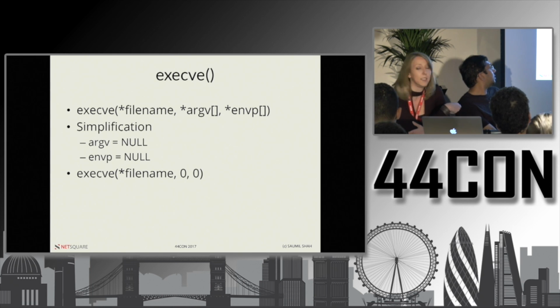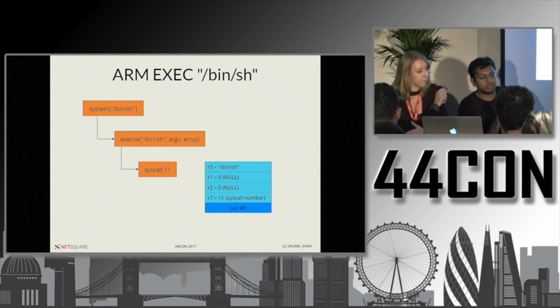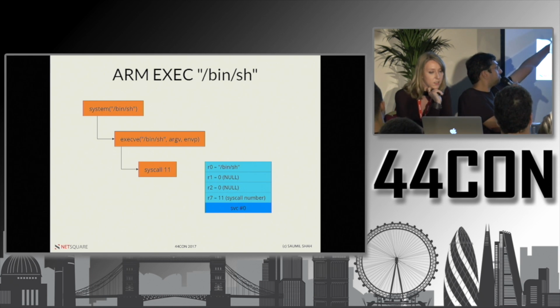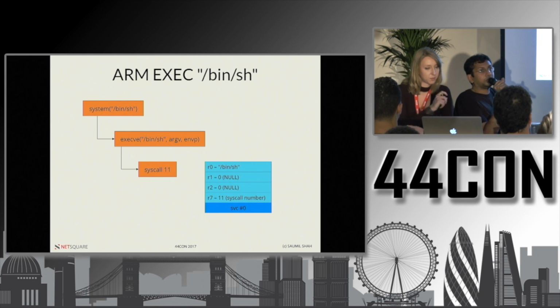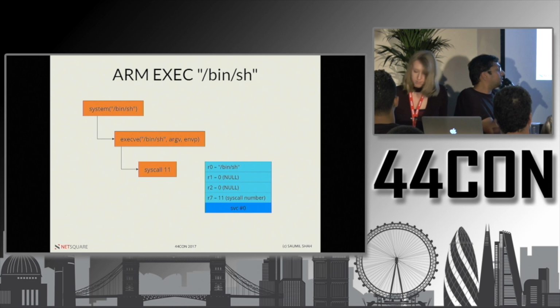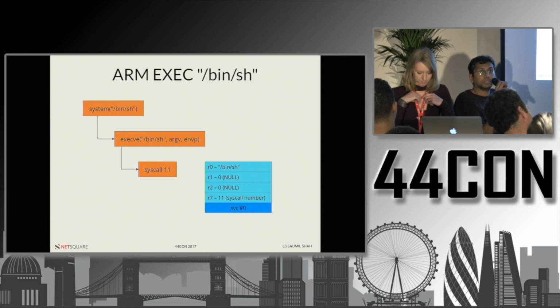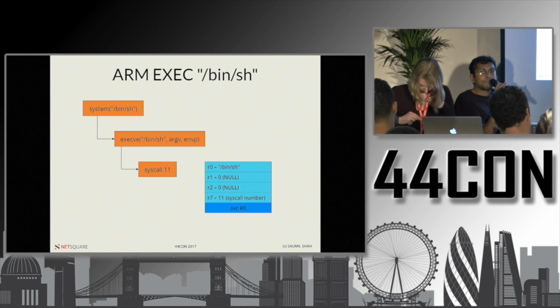And we will translate this into ARM assembly. All we have to do is these 5 operations, right? Set R0 to the pointer of /bin/sh, set R1 and R2 to be 0, set R7 to 11, and then the next instruction is svc 0 to invoke this syscall.